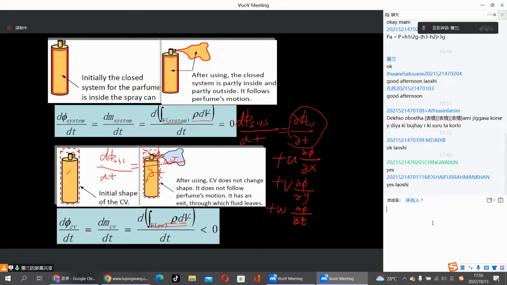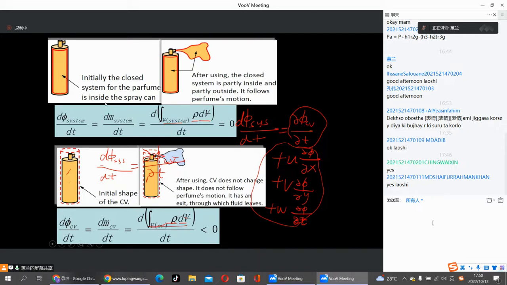One, what happened inside; the other, what happened through the boundary of the control surface of the control volume. That's what happens through the control surface of the spray can. Okay, from this I think it will be easier to understand.